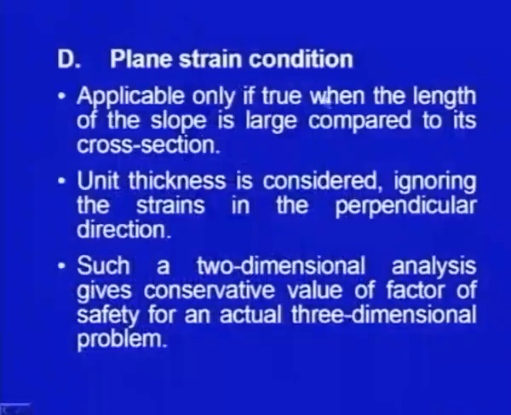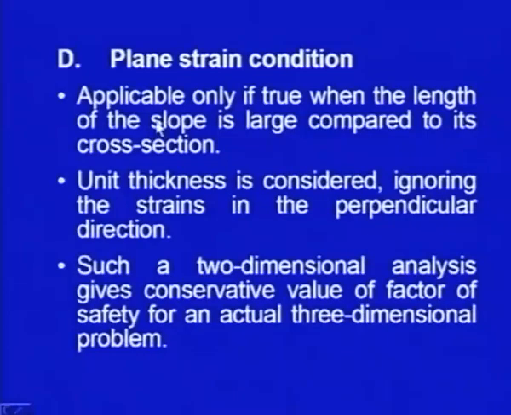Out of plane strains, out of plane deformations are ignored, they are not considered. So, these 2D formulations are applicable if the length of the slope, and it is true for any other structure also, for foundations also, is quite large compared to the cross section, then and only then you can use this 2D formulation.